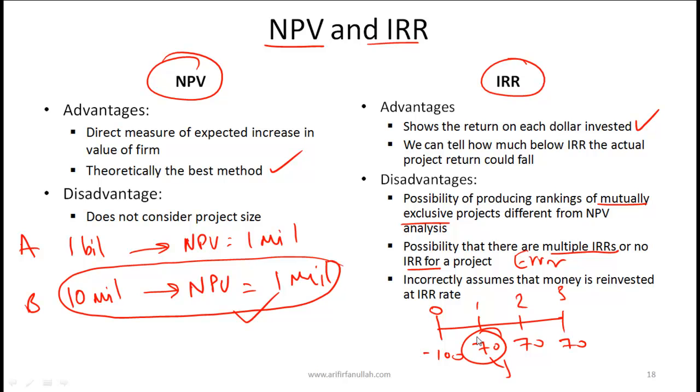The IRR calculation assumes that these cash flows are reinvested at the IRR rate, and this IRR rate might be much higher than the cost of capital. But NPV correctly assumes that these cash flows are reinvested at the cost of capital. Theoretically, that's a better assumption, and for the exam you must memorize all these three disadvantages.